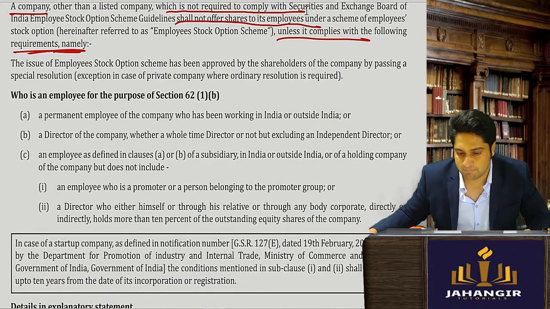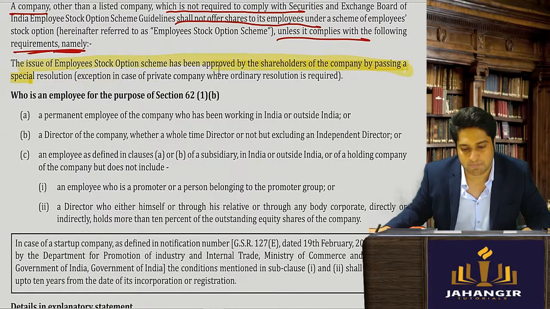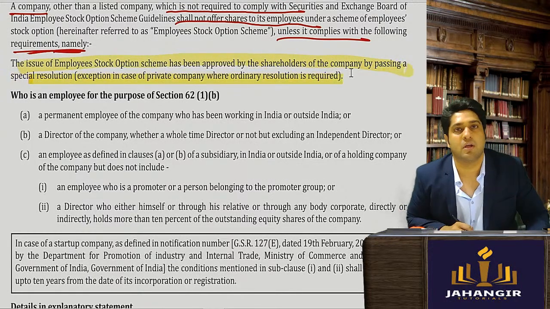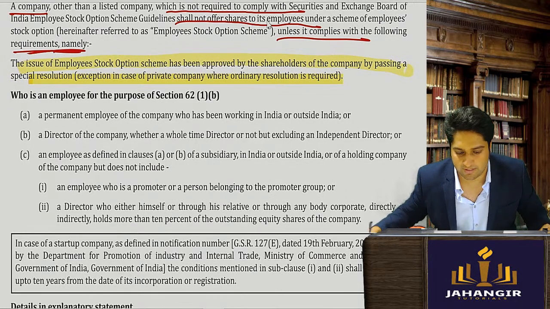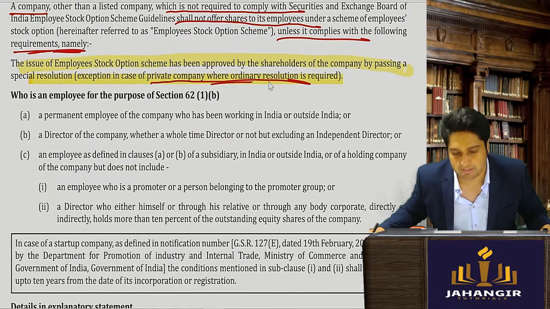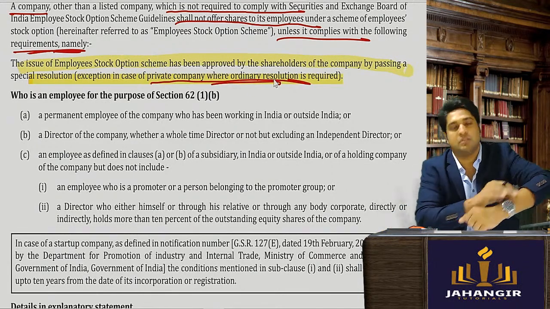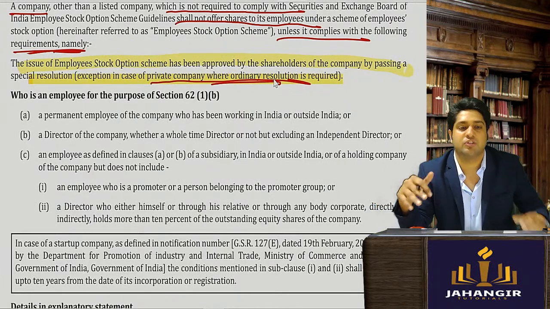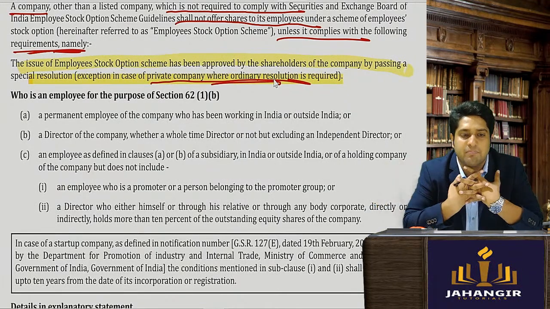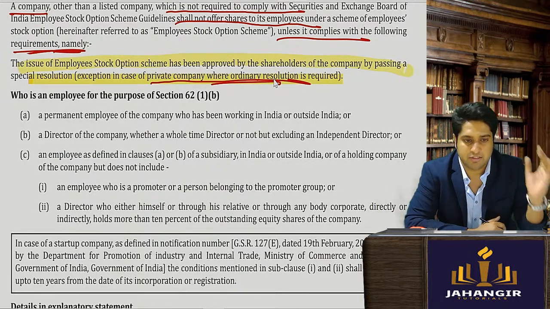Now again, a very important point, highlight this: a special resolution is needed, but if it is a private company, an ordinary resolution will be fine. A private company will have to take an ordinary resolution for issuing ESOPs, whereas all other companies, that is public companies, will have to pass a special resolution.